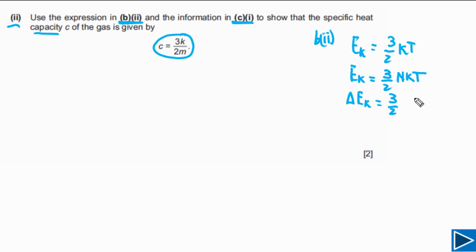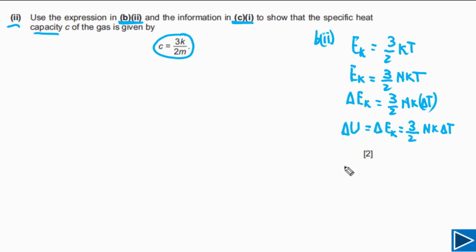We can say this is 3 by 2 Nk times change in temperature. But for ideal gases, we also understand that delta U, the change in internal energy, is equal to change in kinetic energy. So simply we can say the change in internal energy is equal to 3 by 2 Nk times delta T.